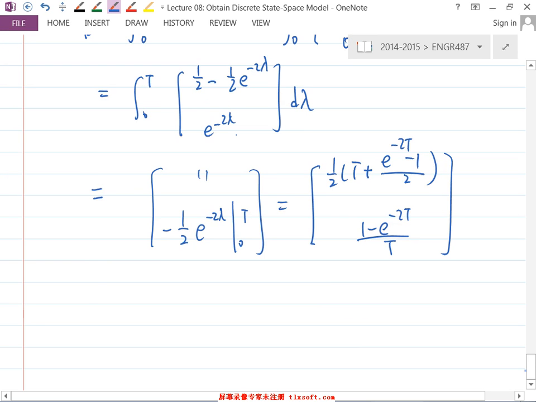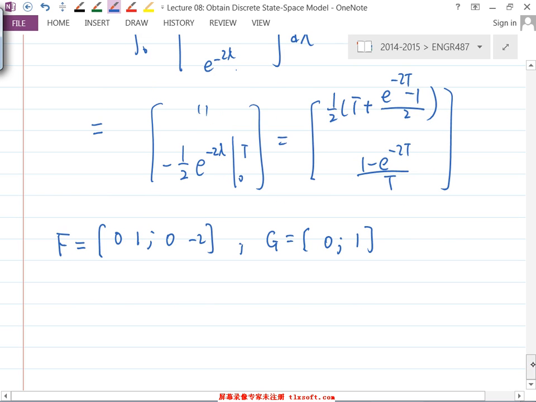The other way, if you're using MATLAB to get this A, B matrix, is pretty straightforward. First, you define your F matrix. Then you define your G matrix.